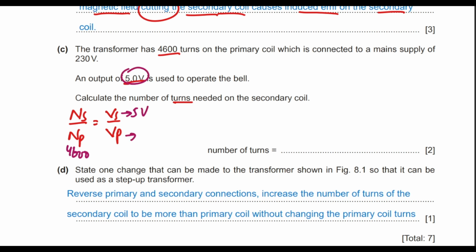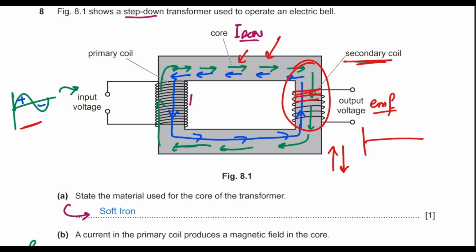The primary voltage is 230, taken from the source. So multiplying by 4600, you come down to the number of secondary turns as 100 turns. So the primary may have 4600 turns and the secondary has 100 turns. Then if you supply 230 volts on the input, this side will give you 5 volts.